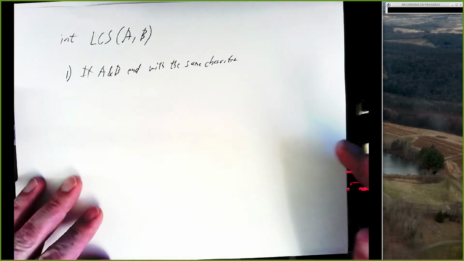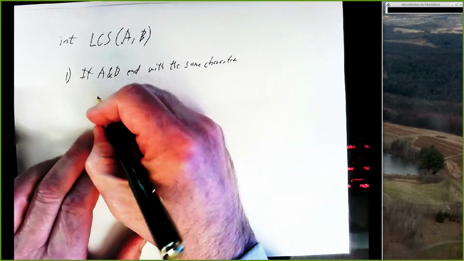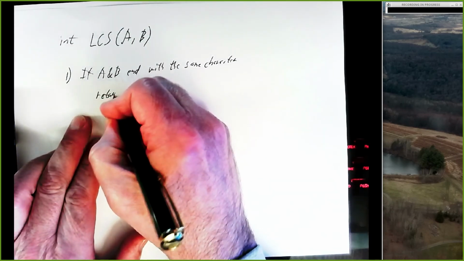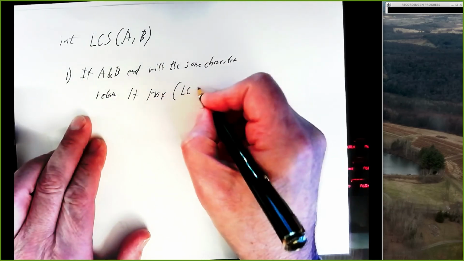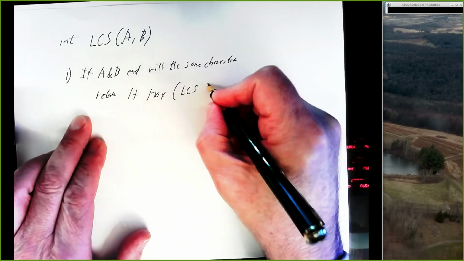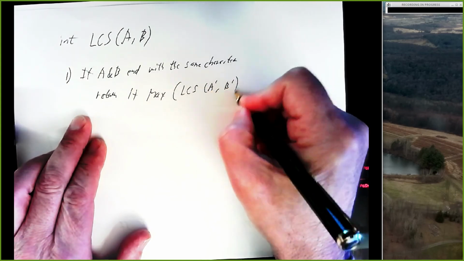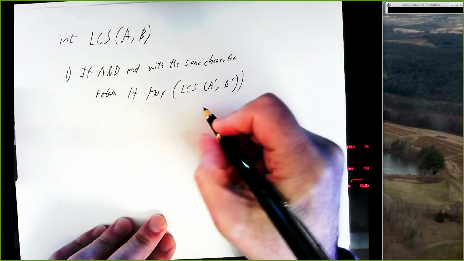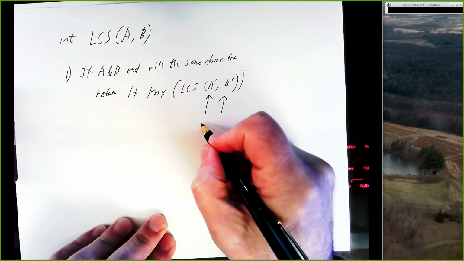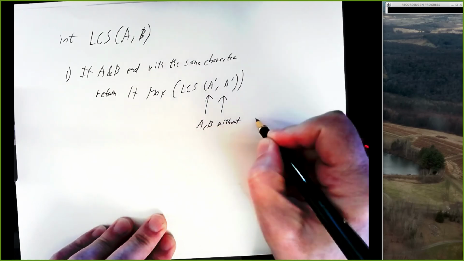So if A and B end with the same character, then we return 1 plus the longest common substring of A prime, B prime. This is A and B without the last character.